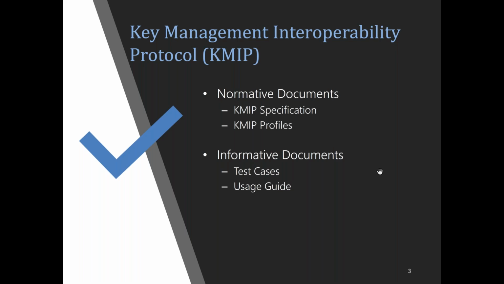For example, we have profiles for self-encrypting drives and how you would manage them. This makes it easier for implementation and for common capabilities to understand which of the operations, attributes, and capabilities are relevant to your environment.